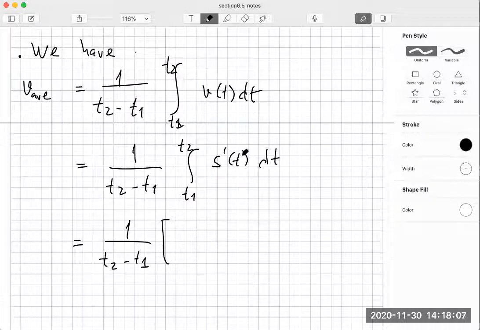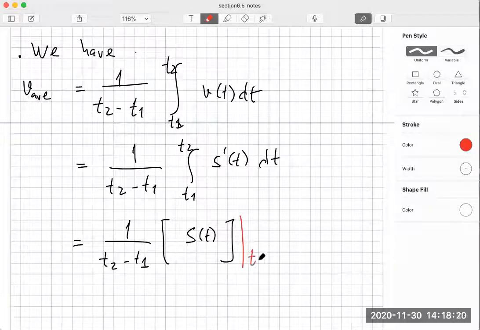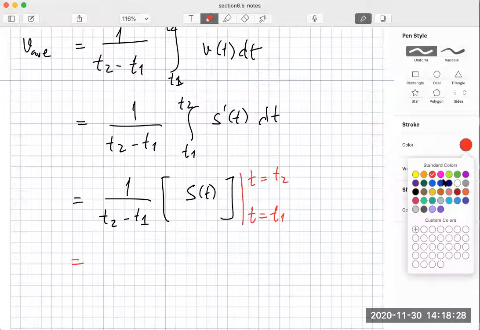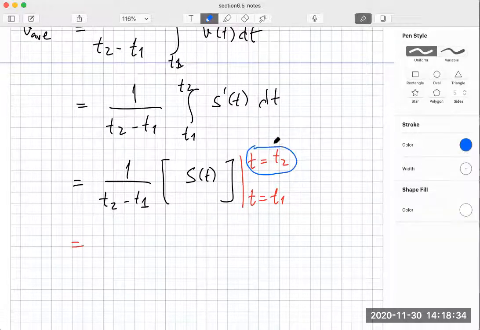What is the integral of s prime? S. Perfect, which is s of t, right? And t running from t1 to t2. So from this, what do we have? We need to evaluate the value at the upper limit, right?